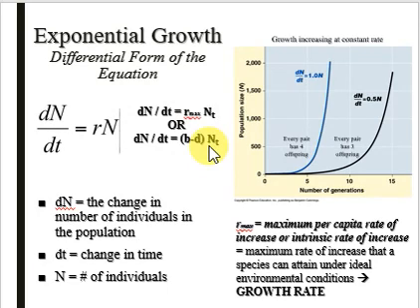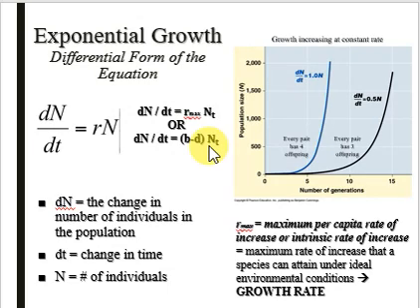The subscript here indicates the maximum per capita rate of increase that can be attained for a species or a population under ideal environmental conditions, right? So this would be achieved by a species where birth rates, death rates, and age structure are all constant.